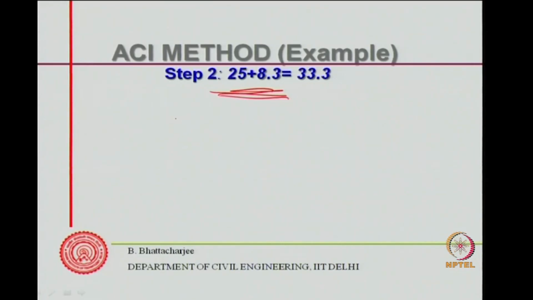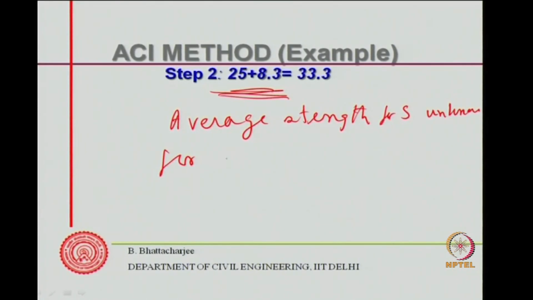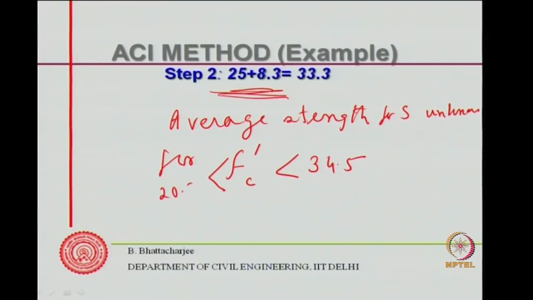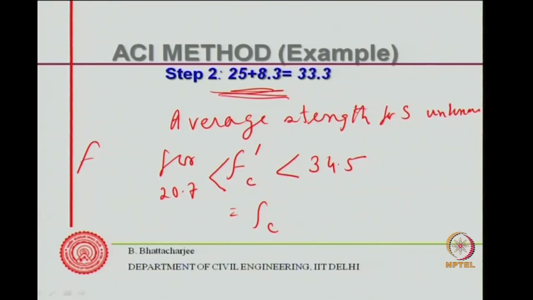So, we said average strength when S is known, and for S unknown, for fc' less than 34.5 and greater than 20.7, the average strength f'cr is equal to f'c plus 8.3.